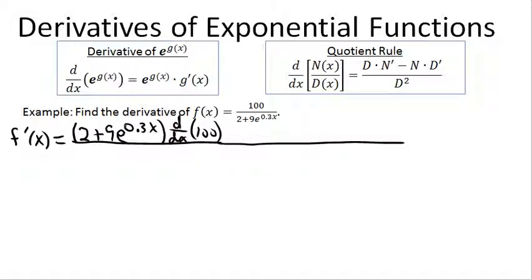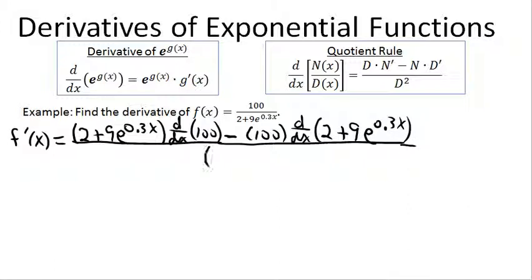Minus, now you reverse it, take the numerator, multiply it by the derivative of the denominator. So you've got 100 times the derivative of the quantity 2 plus 9 e to the 0.3x, all over the square of the denominator. So that's 2 plus 9 e to the 0.3x, that whole quantity squared.